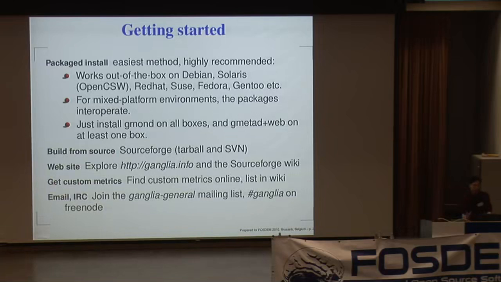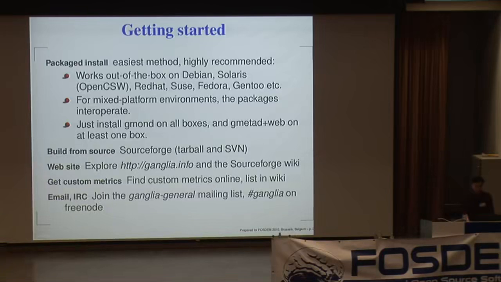So in theory, you don't really need even a configuration file for Gmond, but you can use it if you want. So if you want the bleeding edge stuff, or somehow there are no prepackaged packages, then you can download the source tarball, or even from our repository, and then just build it.